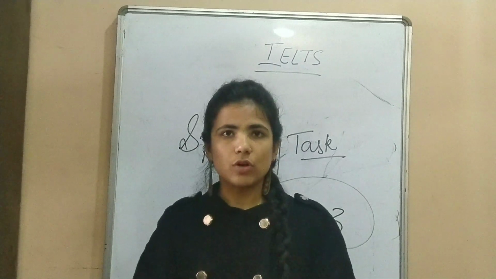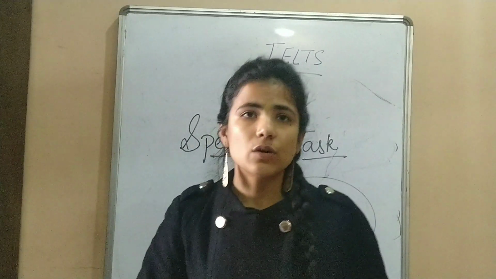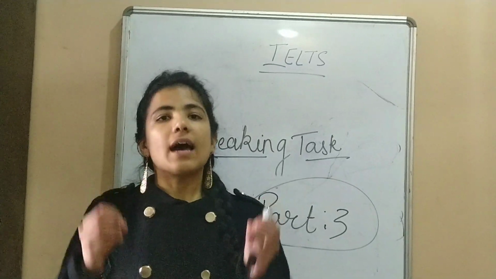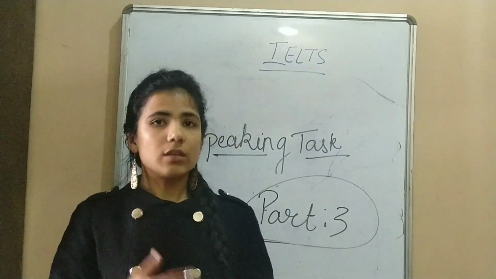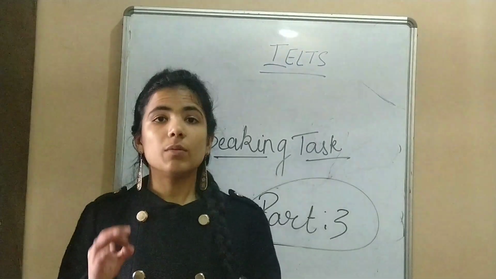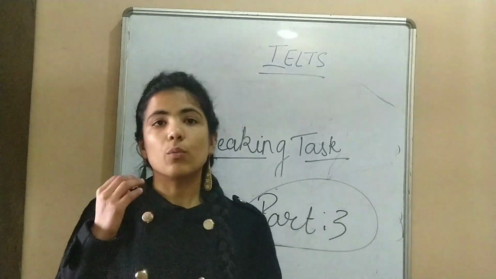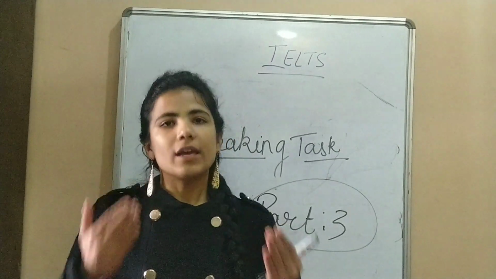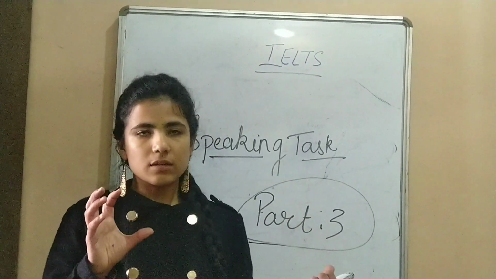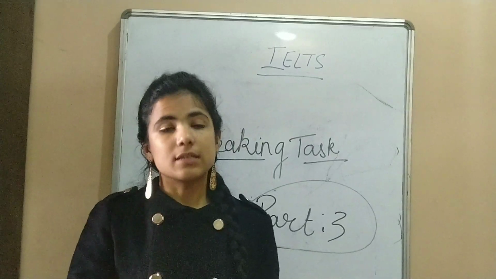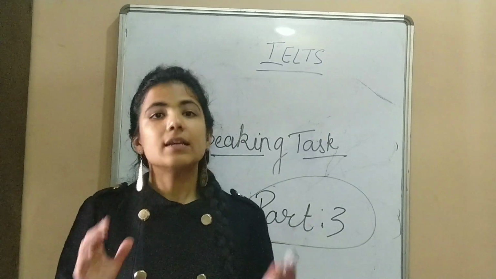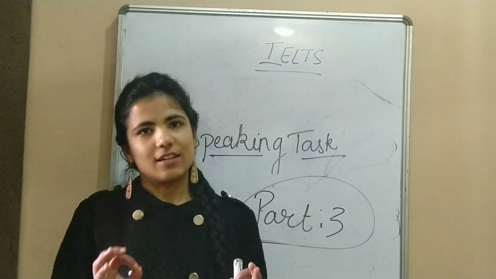You need to discuss the topic, and the examiner sitting there could also contradict the point you are making and discuss something else about it. Why not this? Why are you saying this? So you need to give reasons as well. You need to be very relevant with your reasons about what you are saying and why you are saying it. So this is basically a discussion topic. You'll be given a topic on which you need to discuss for a complete 2 to 2.5 minutes, continuously and in English, of course.